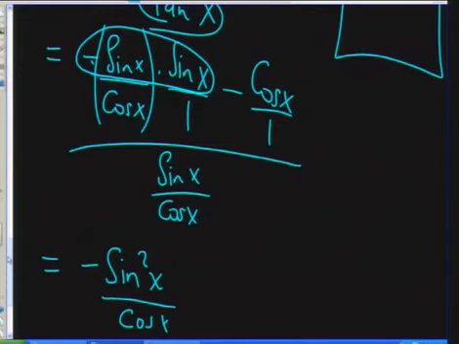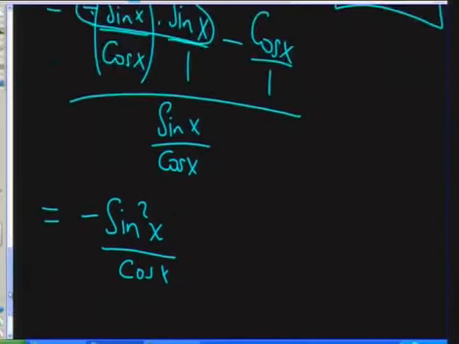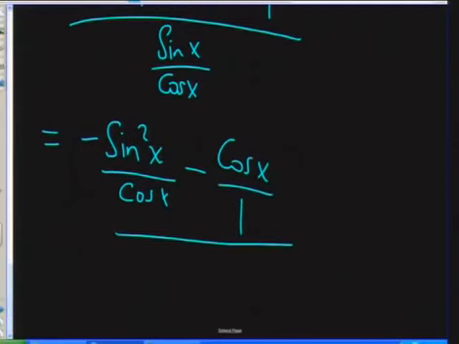And we've got a negative sign there, a subtraction sign here, cos x over 1. And remember, we've got a universal denominator, which is sine x over cos x.